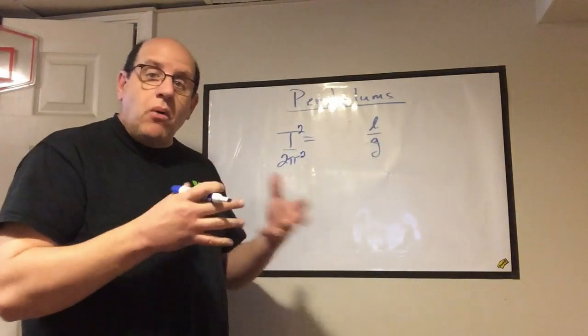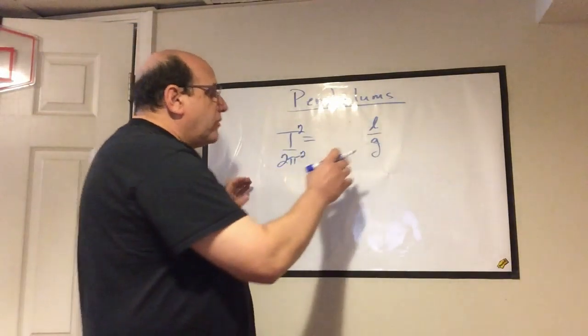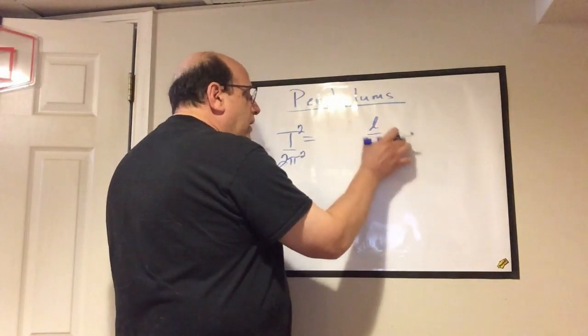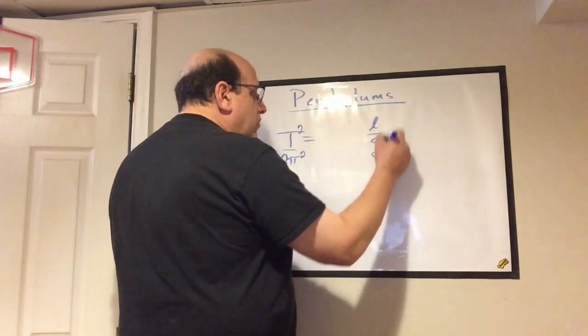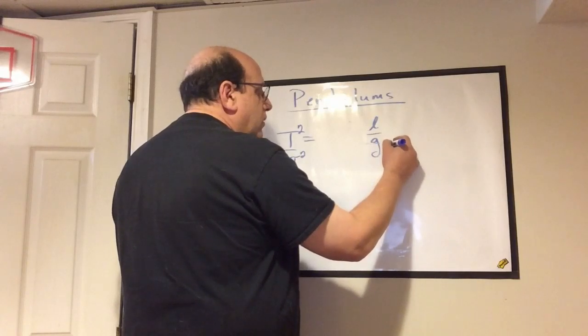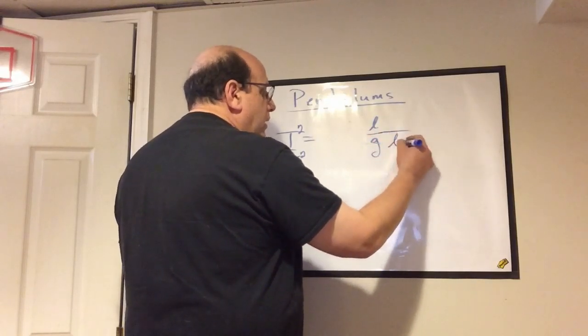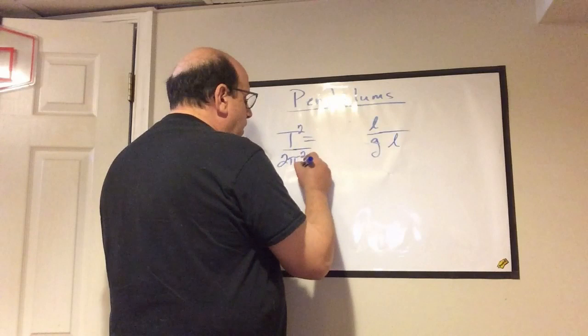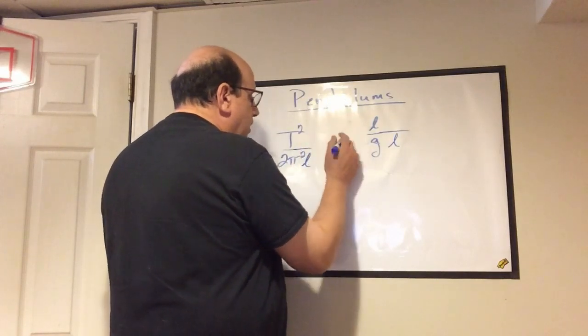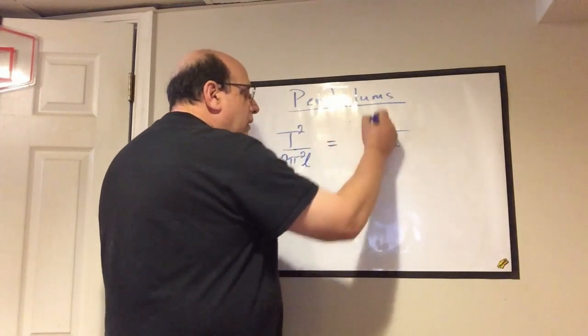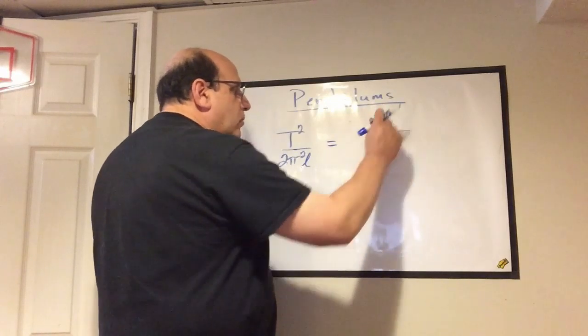Right? So I'm almost home, and really all I have to do for right now is divide both sides by L. So divide by an L and divide by an L. And I'm going to move the equal sign over so I have a little bit more room, and that cancels that out, right? That makes it a 1.